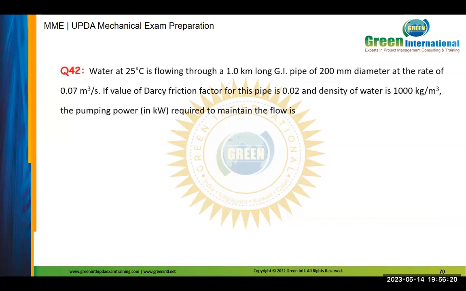Water flowing through a 1 kilometer long GI pipe, with a 200 millimeter diameter, at the rate of 0.07.